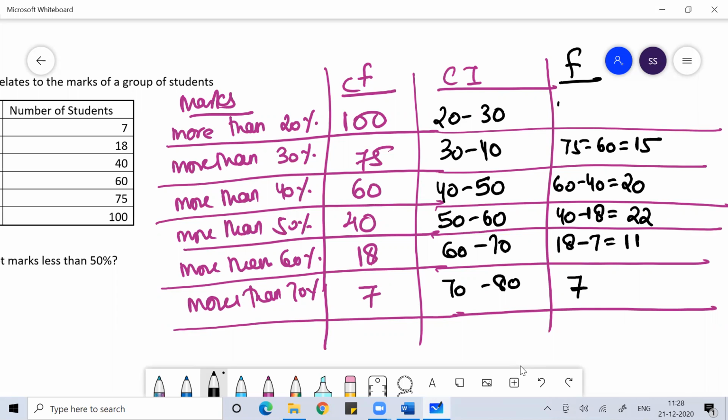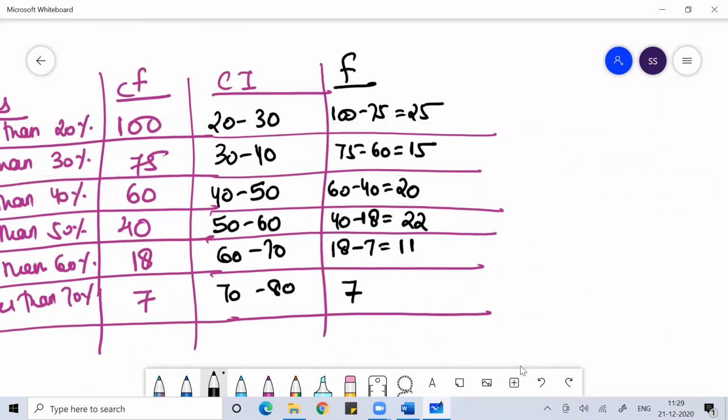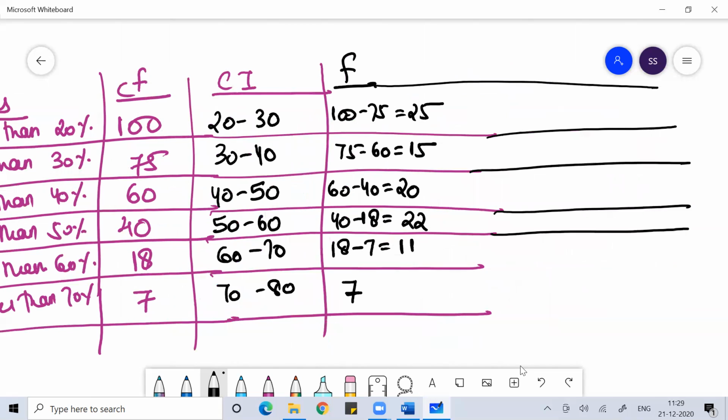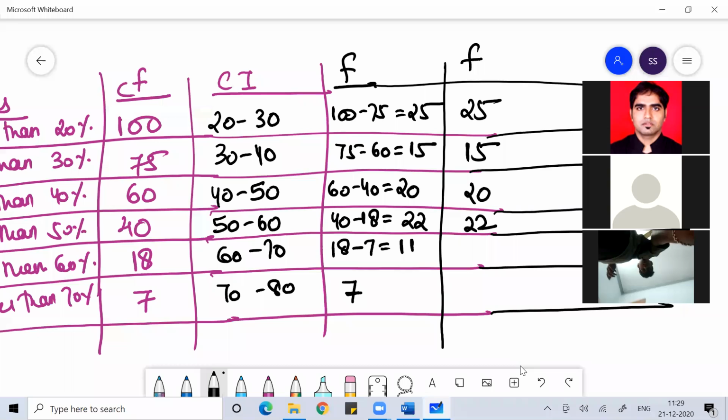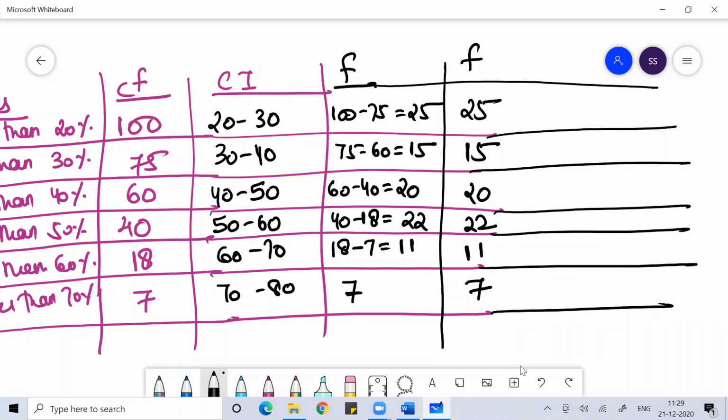Then 100 minus 75, that is 25. This is the normal frequency you will get from the problem: 25, 15, 20, 22, 11, 7.